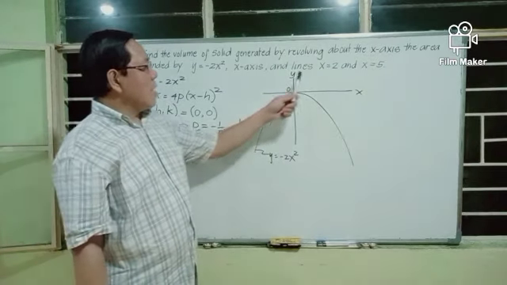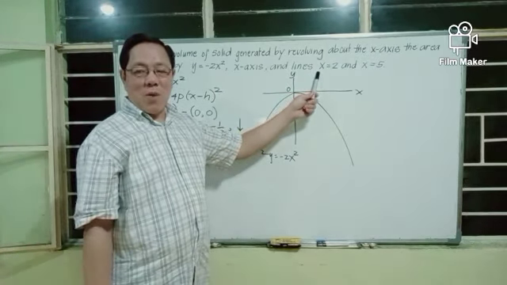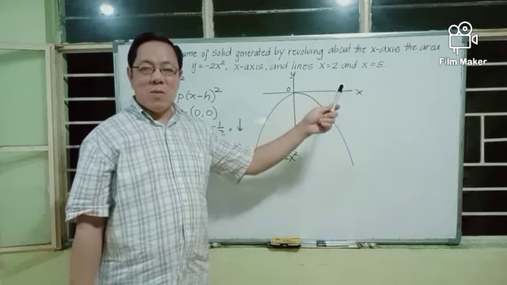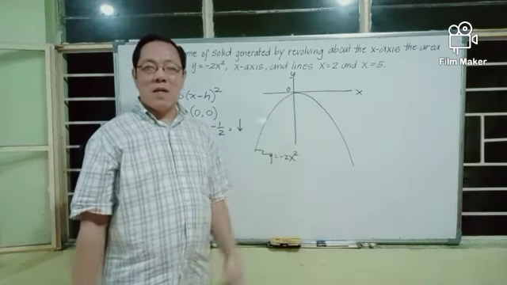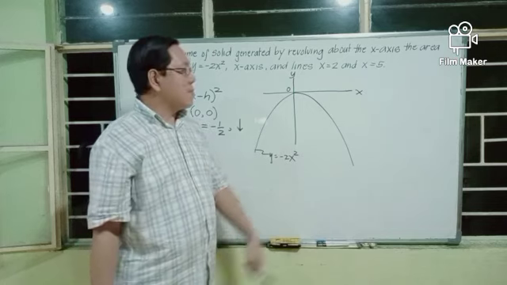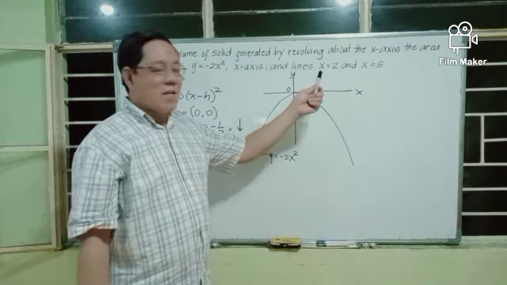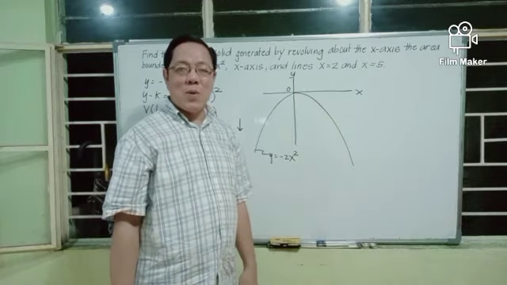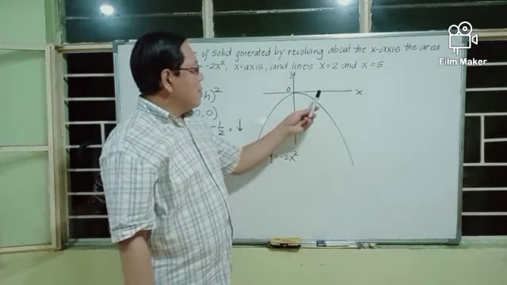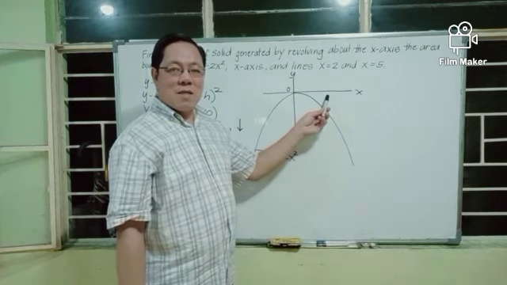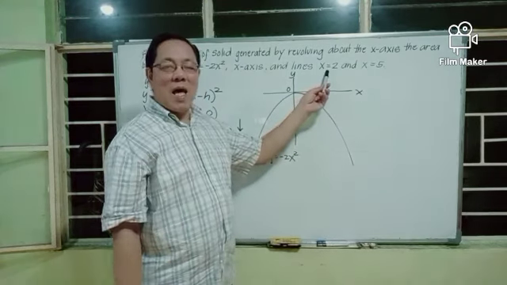Now we draw the lines with equations x equals 2 and x equals 5. Because this is a linear equation in x only, the graph of the line with equation x equals 2 is parallel with the y-axis, perpendicular with the x-axis, and passing through the point x equals 2.